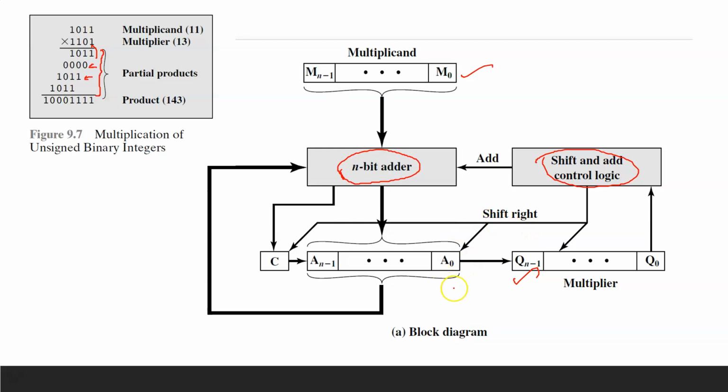The shifting happens between A and Q. And the carry can be involved in the arithmetic operation. Based on the bits that you find in the Q, the shifting and adding happens. So this is all about your multiplication circuit.